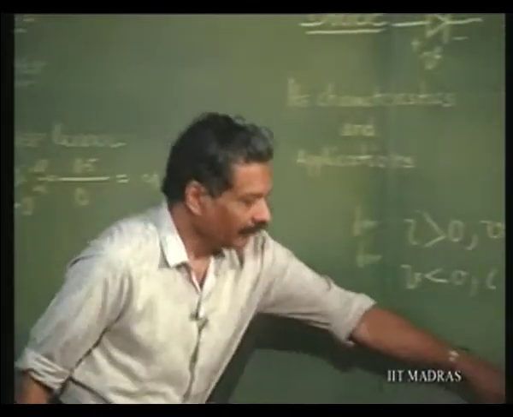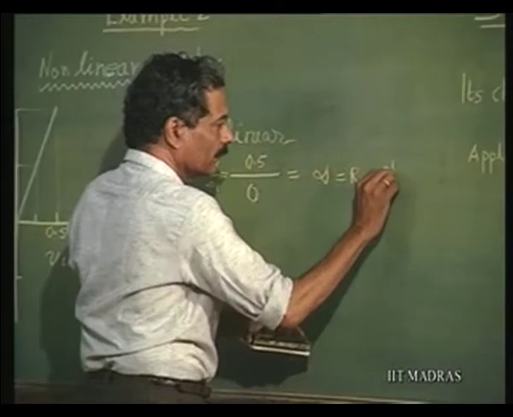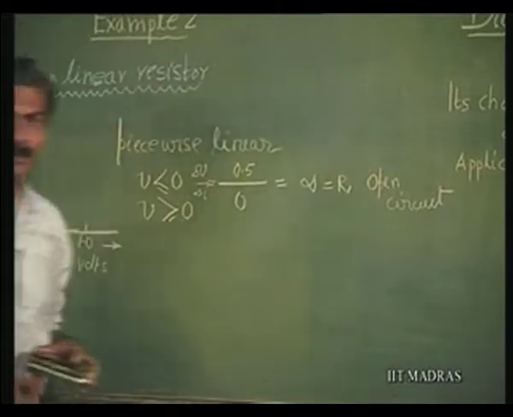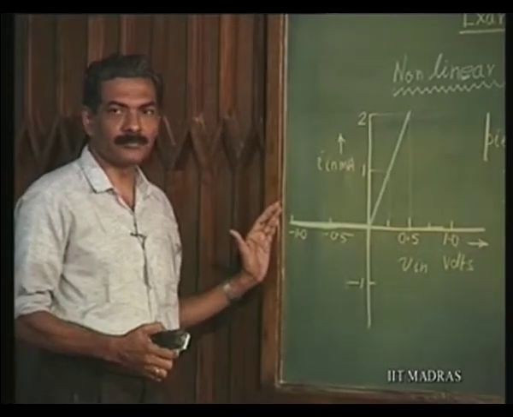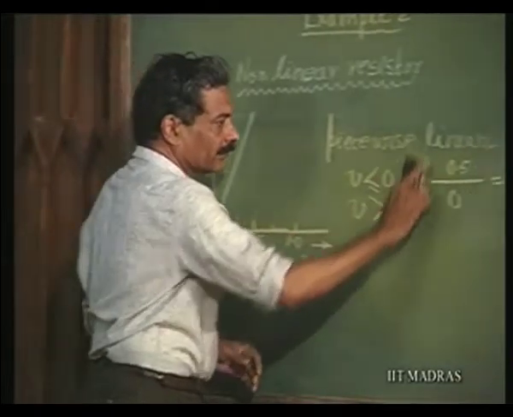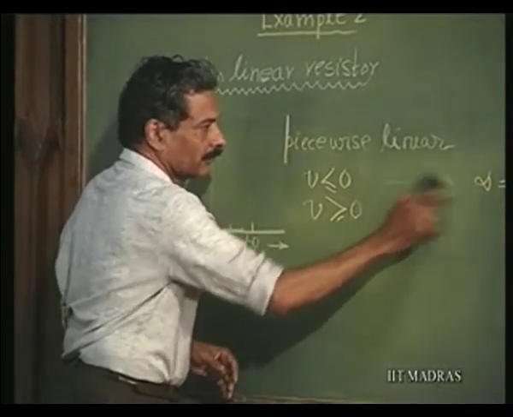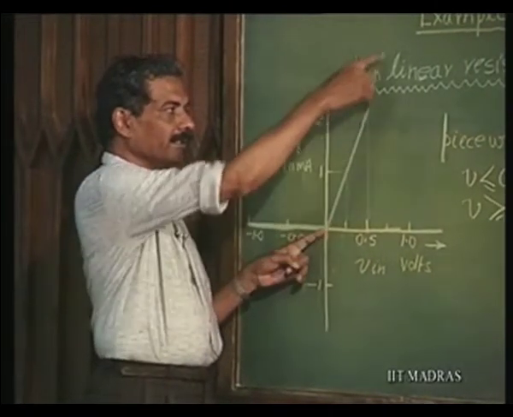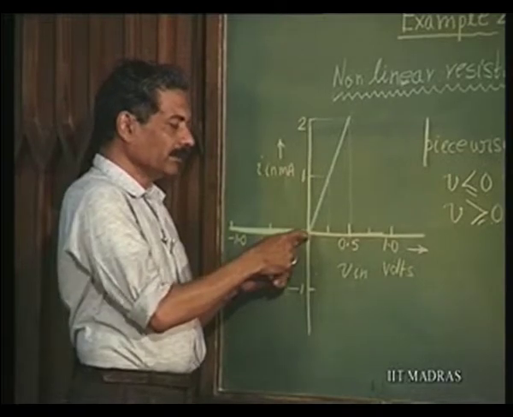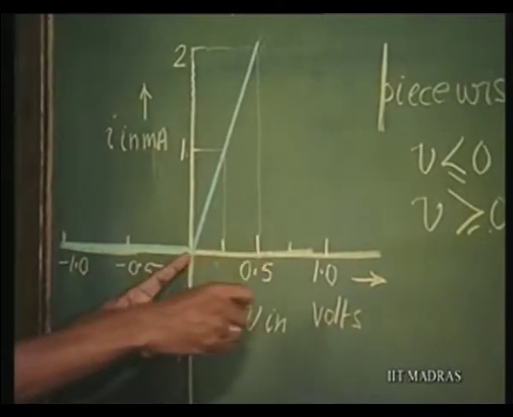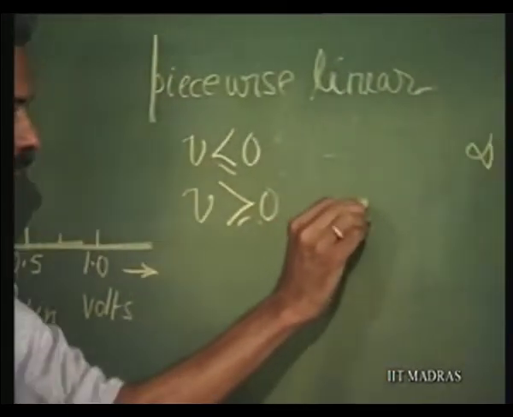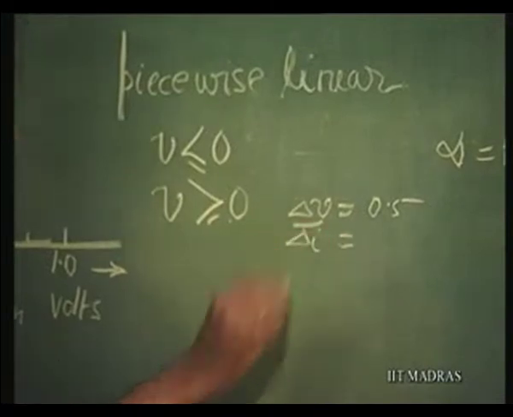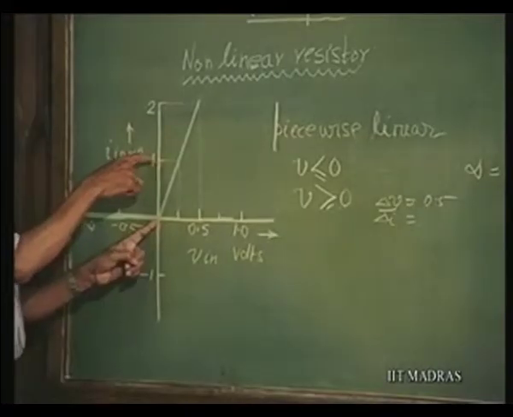So, it is equivalent to an open circuit there, because it is not permitting any current to flow here. Consider this region. In this region, it is linear again, but for a change in voltage of 0.5, there is a change in current of 1 milliampere.